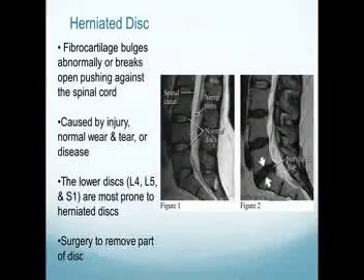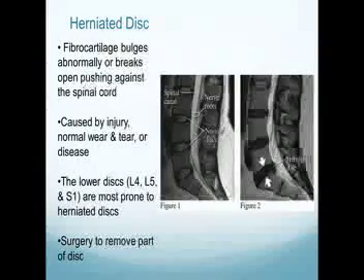In general, a herniated disc is a result of the fibrocartilage itself bulging or breaking open and then subsequently pushing against the spinal cord itself. This causes a multitude of injuries, not only pain, but we can actually see wear and tear of the spinal cord itself, and subsequently you could see complete loss of function if not treated in some cases.